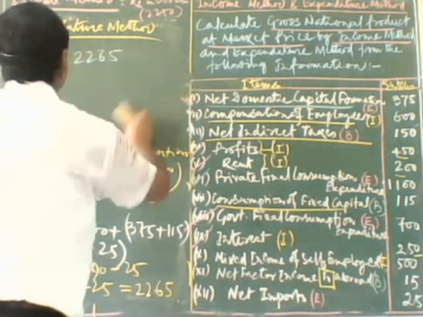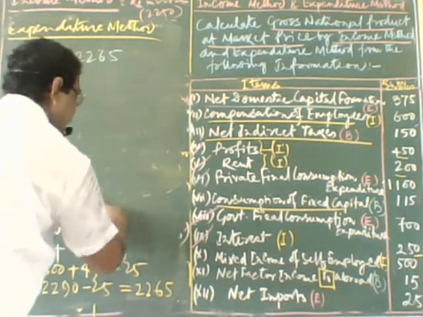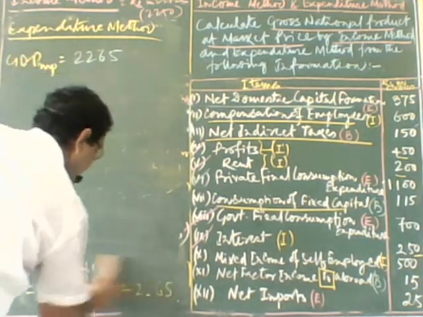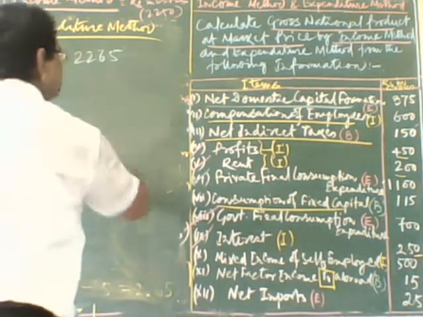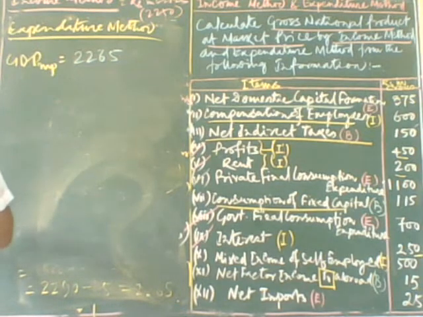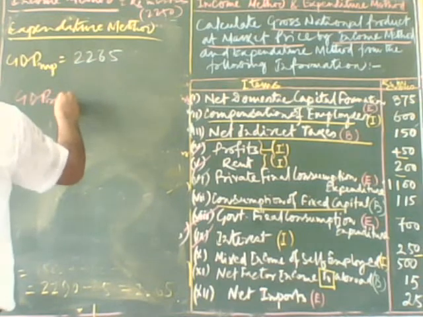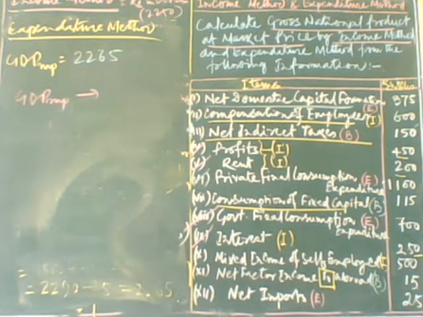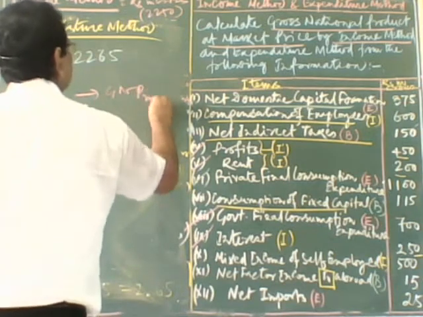Now from GDP market price, you have to calculate the value of GNP market price. So the route is GDP market price to GNP market price.